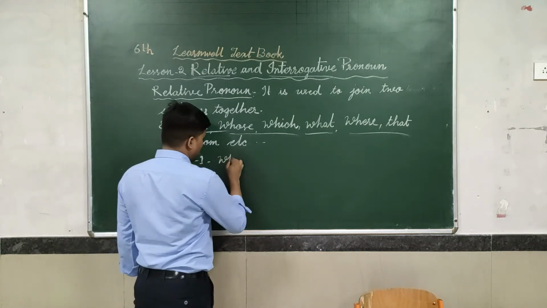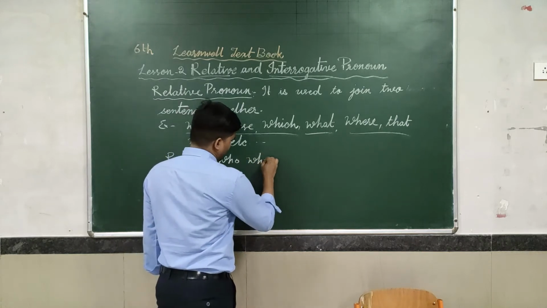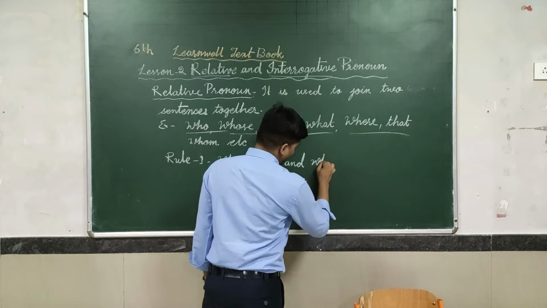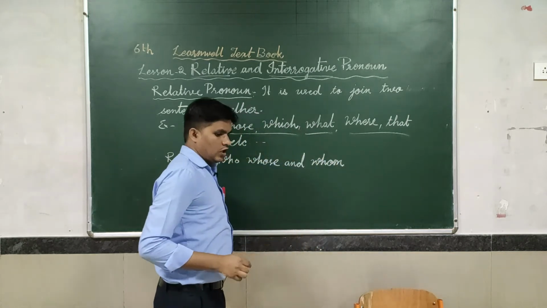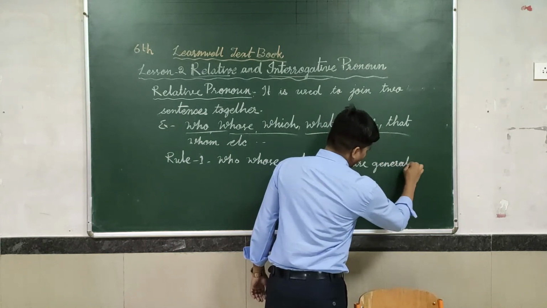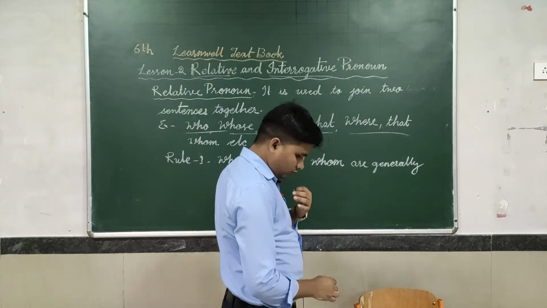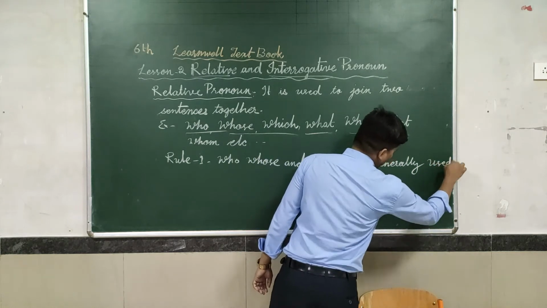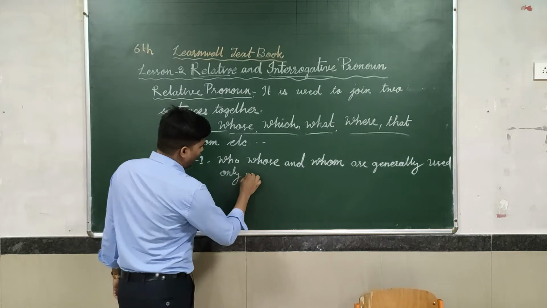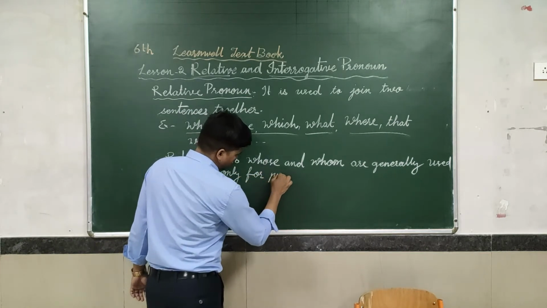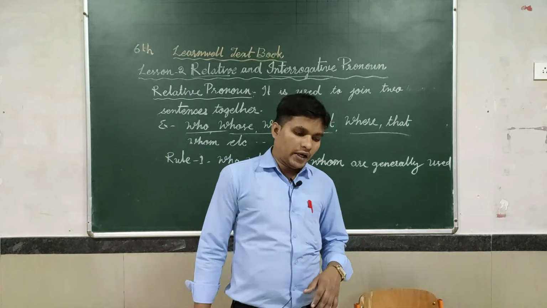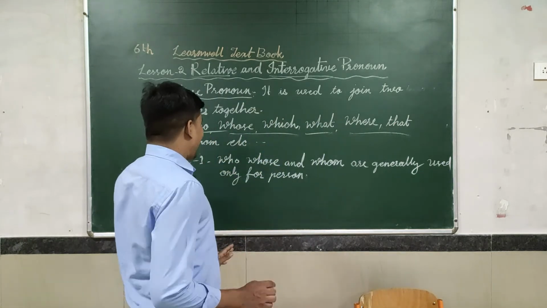Rule 1: generally who, whose, and whom are used only for persons. In some cases we are using them in a different way, in rare cases.